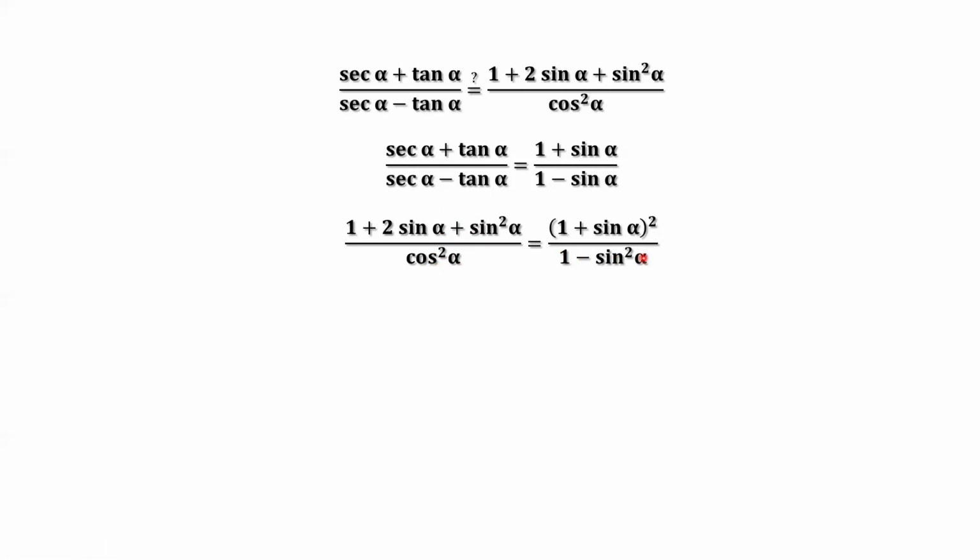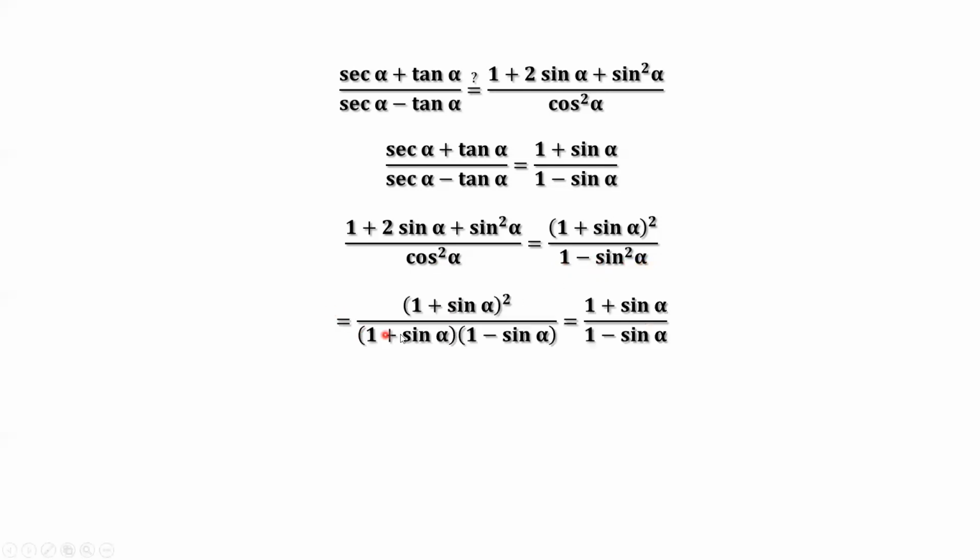Why are we doing this? We want to cancel some common factors from both the numerator and the denominator. 1 minus sine alpha squared, we can consider 1 as 1 squared. 1 squared minus sine squared, which is 1 plus sine times 1 minus sine.